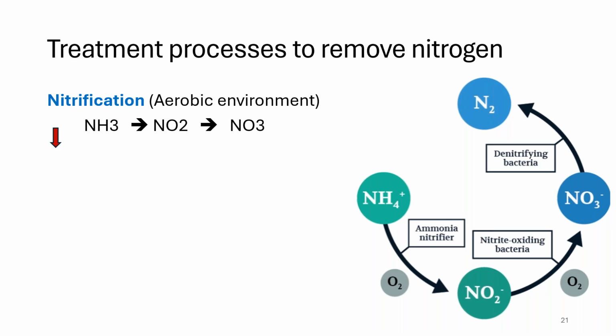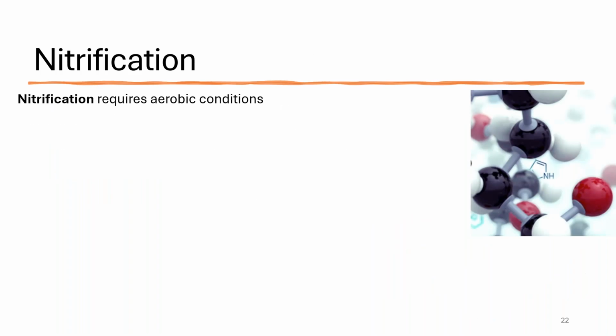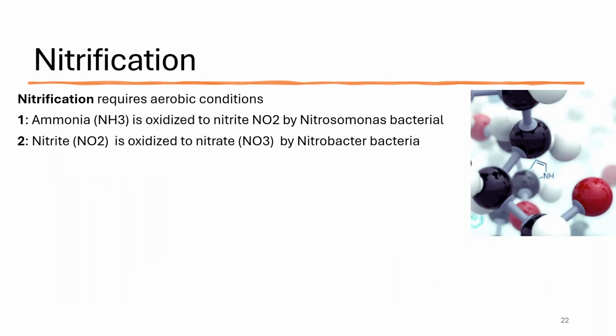And this nitrification is a two-step process here. We have nitrification, then denitrification, and you can see the transformation from ammonia to nitrate, then from nitrate to nitrogen gas. And we can kind of go a little bit farther and look at a little bit more details.